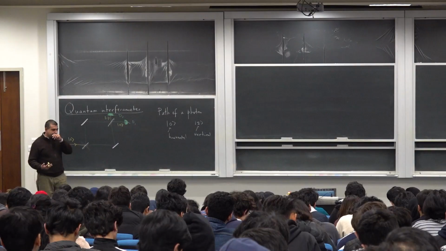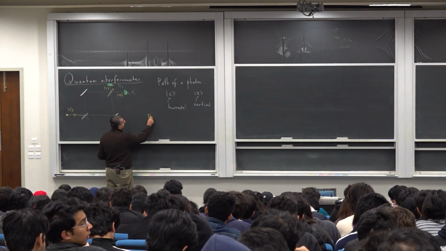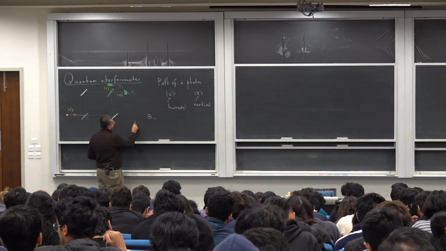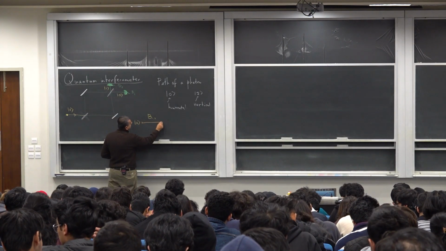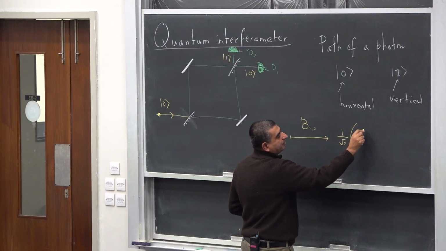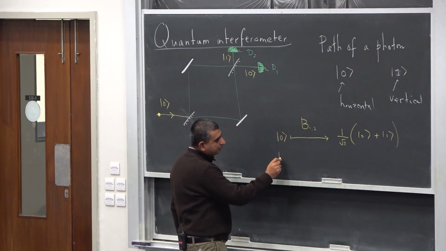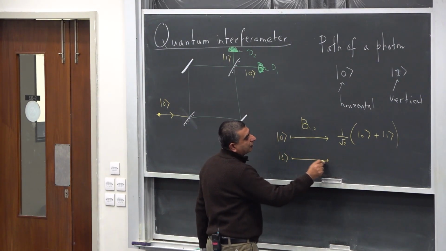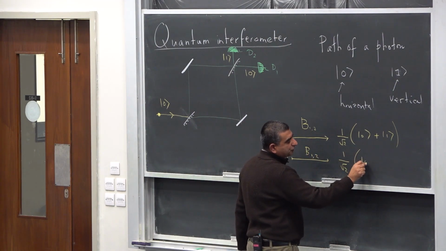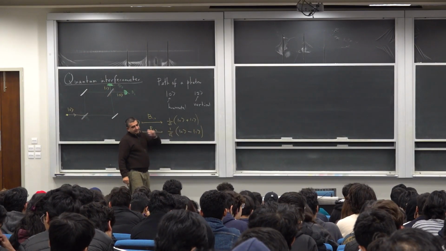Our definition was that a beam splitter, B1 or B2, takes an input ket 0 and converts it to a new quantum state, ket 0 plus ket 1. And it takes an input state ket 1 and converts it to a similar superposition state, with the only but big difference that there's a minus sign here.